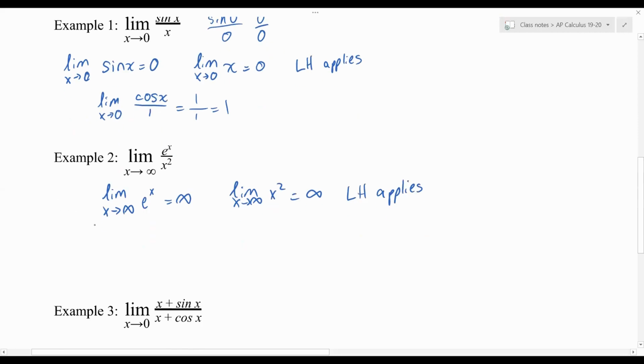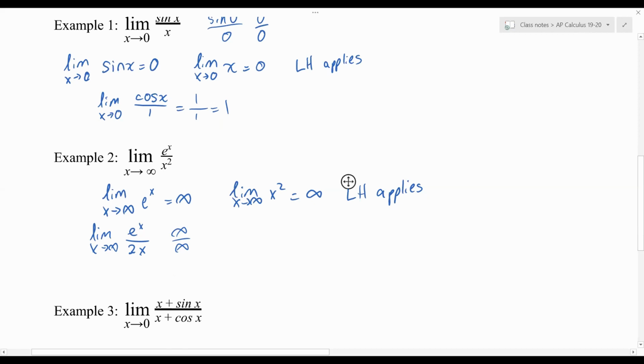Let's take the derivatives. The limit as x approaches infinity of e to the x just stays the same, and the derivative of x squared is 2x. Now if we plug in here, we get, again, infinity over infinity.